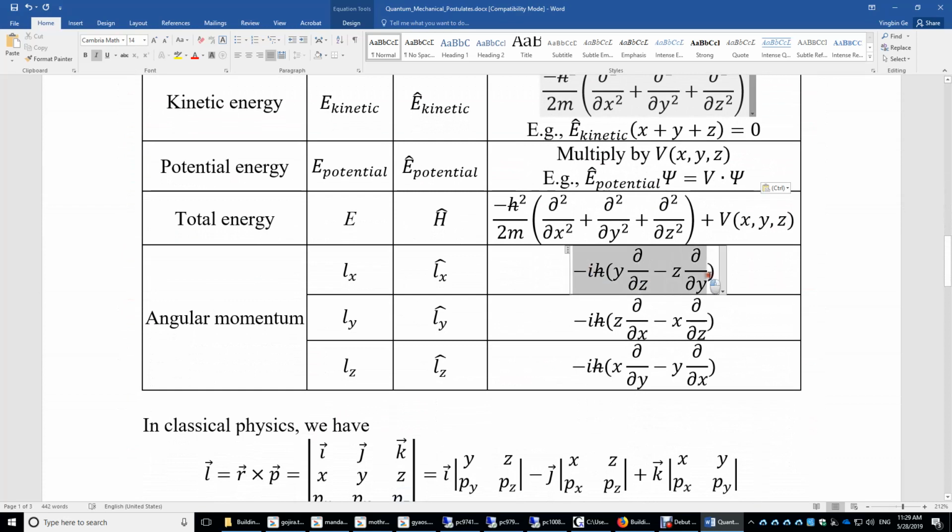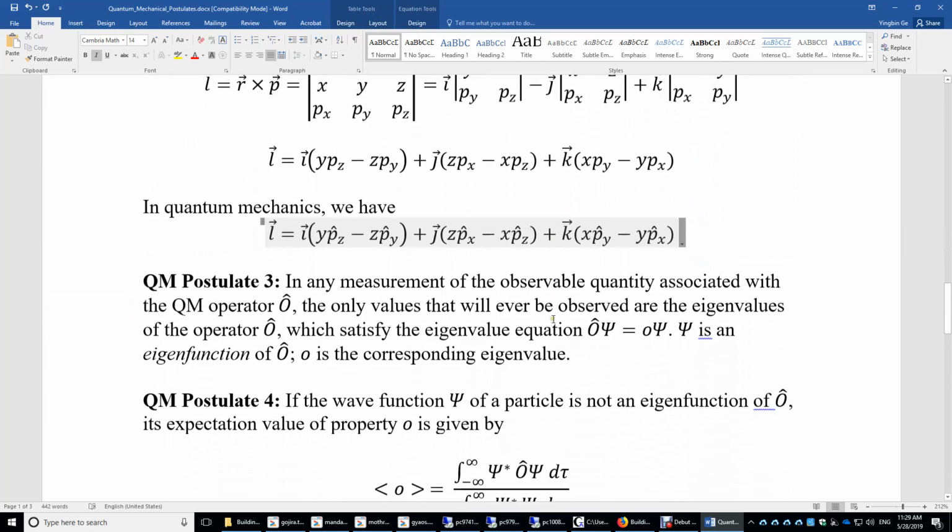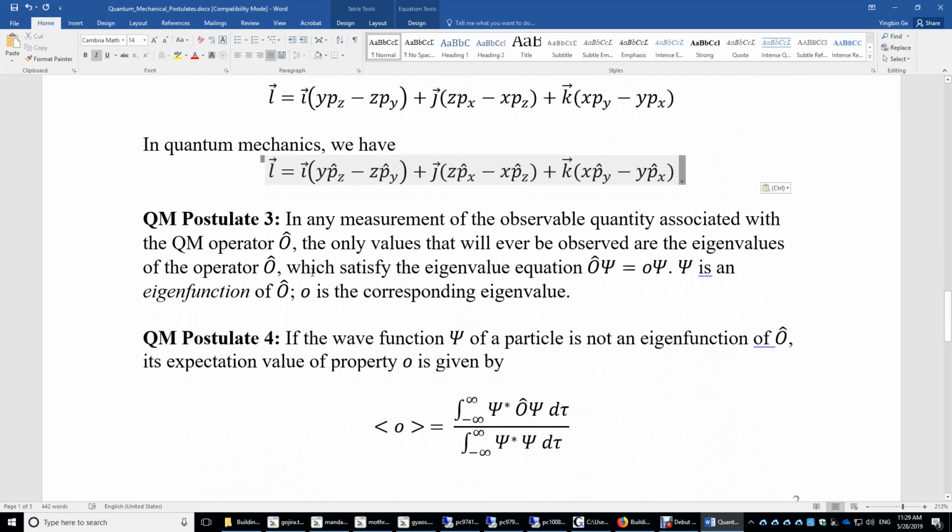That's why we have this more complex expression as the operator of angular momentum in the x direction, in the y direction, and in the z direction. Now, postulate 3. If we try to measure an observable quantity, for example, the position or the momentum or kinetic energy with a corresponding operator O, the only values that will ever be observed are the so-called eigenvalues of the operator O, which satisfy this eigenequation.